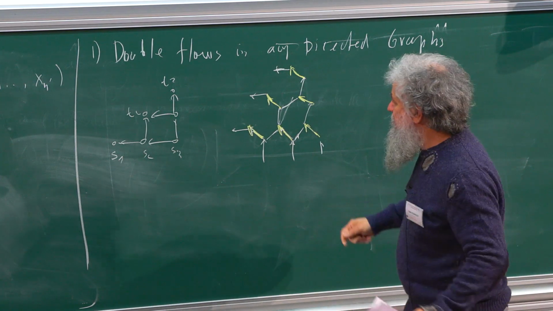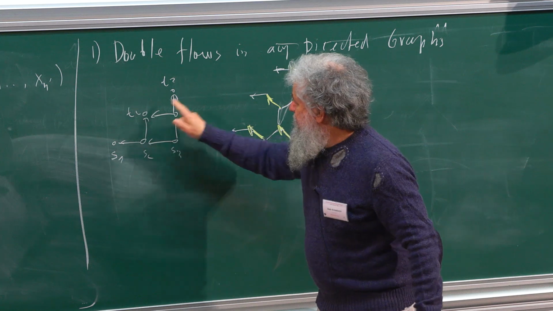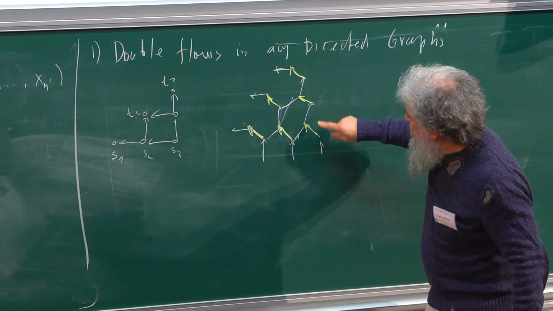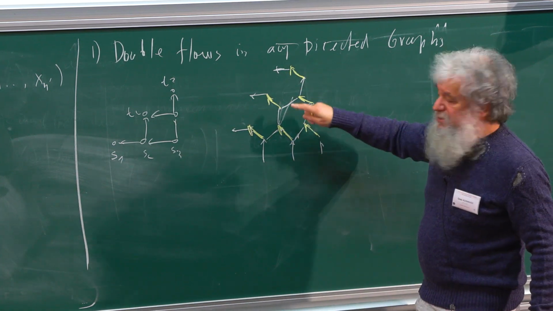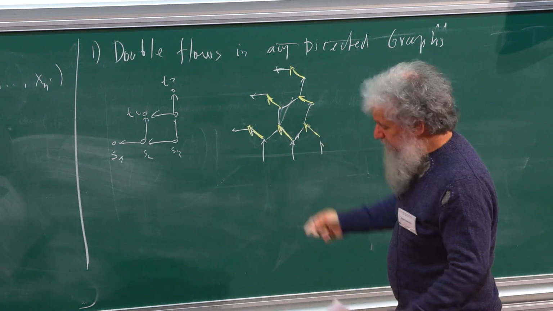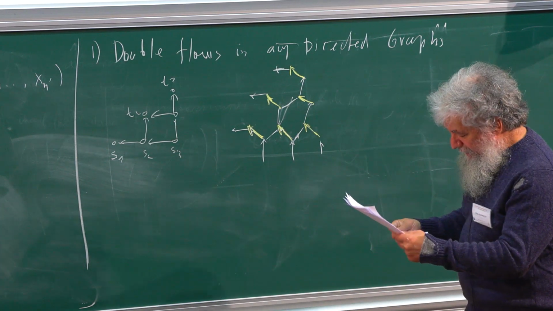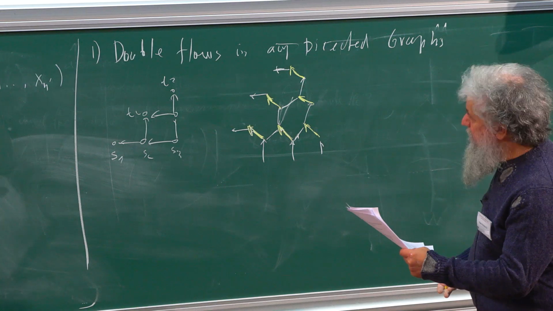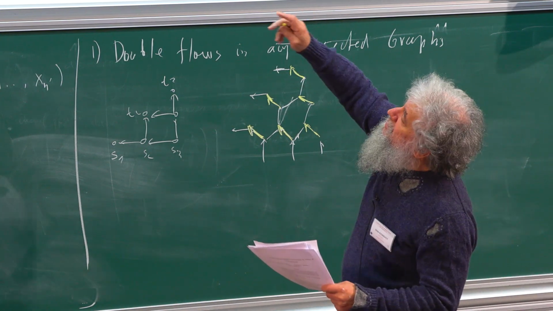Yes, so we have 6 vertices, and then we get 6 edges, and then we modify.